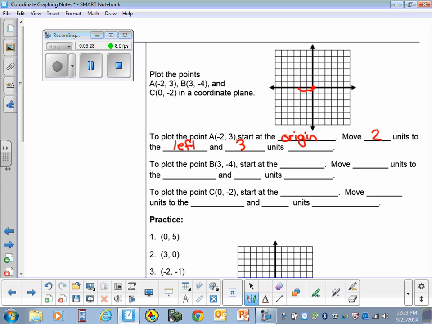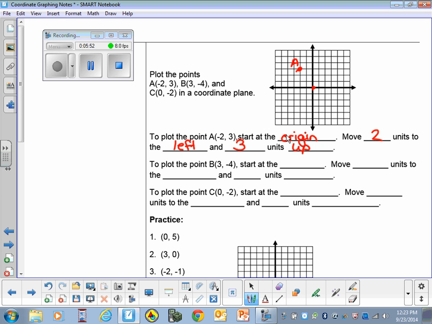And then I'm going to move 3 units up because up is positive. And that's my coordinate for A. Now these little loops I drew on here, you have to go back and erase them. It's very bad mathematics to leave that on your paper. We label this with a capital A.